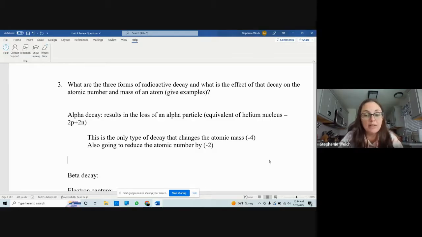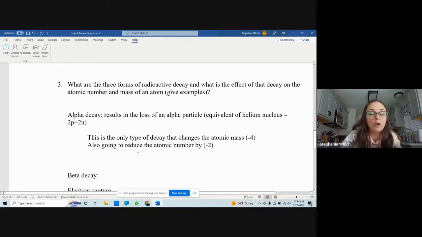And then what happens is every time that decay is occurring, you lose an atomic mass of 4 and atomic number 2. And the reason this happens is because the atomic mass is the sum of neutrons and protons. So to spit out a helium nucleus, that would be a reduction of 4 particles, all contributing to the atomic mass. And then the atomic number by 2. The atomic number is just the number of protons.